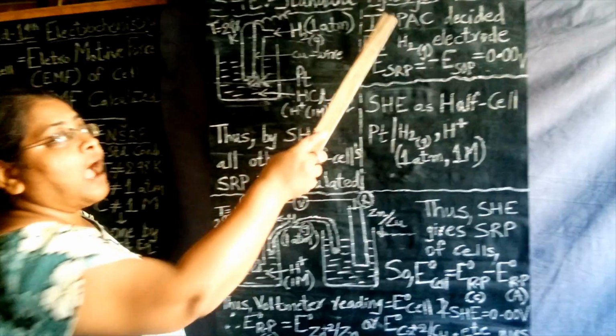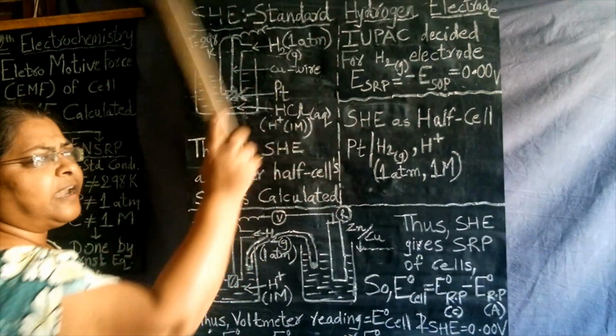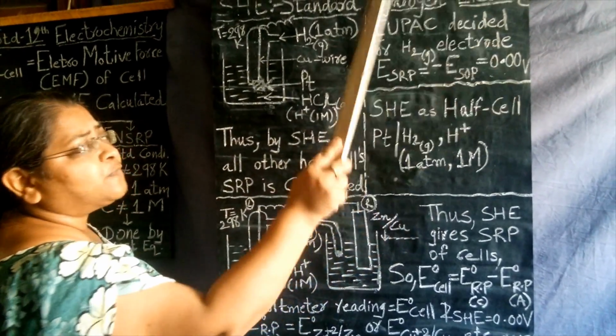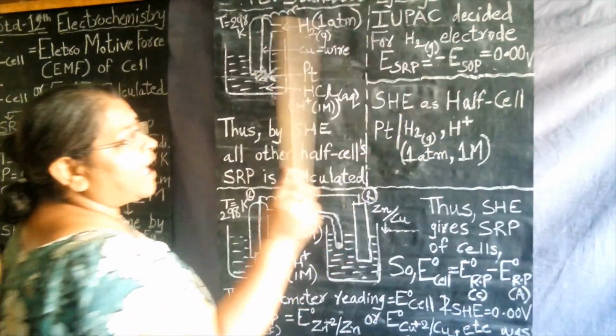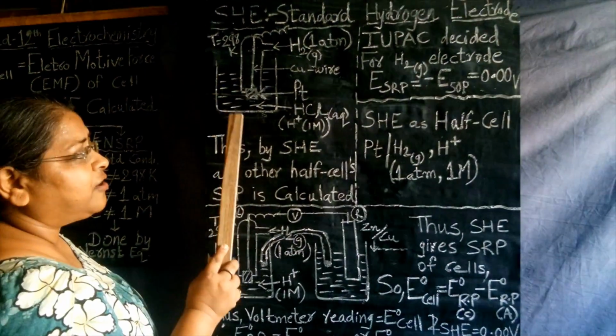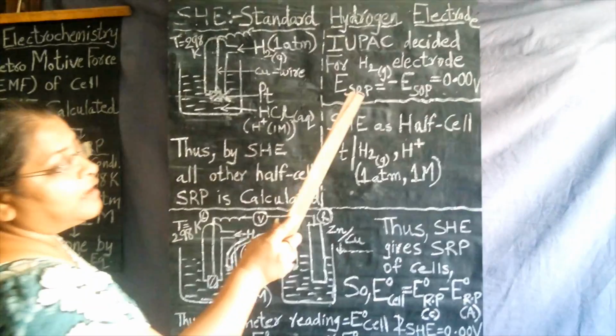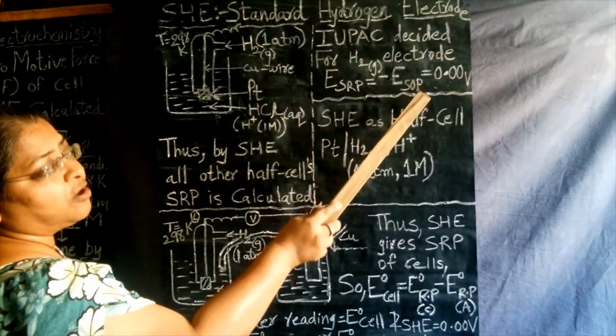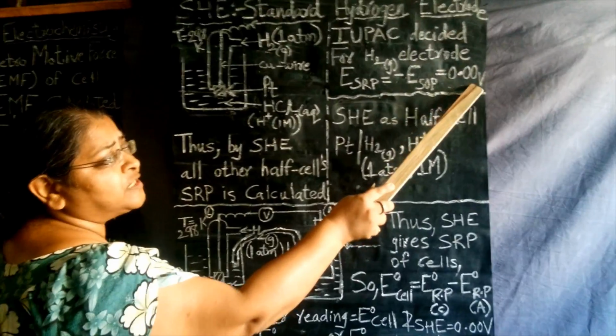Here also IUPAC has not measured, but it has decided that at the standard conditions, the standard hydrogen electrode's standard reduction potential, or its negative, that is standard oxidation potential, is 0.0 volt.